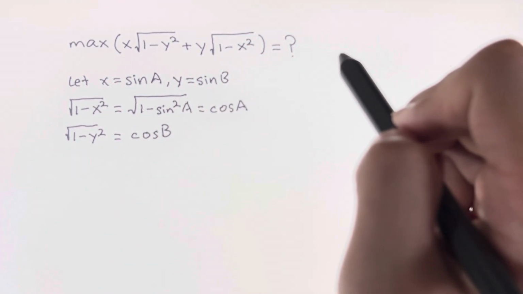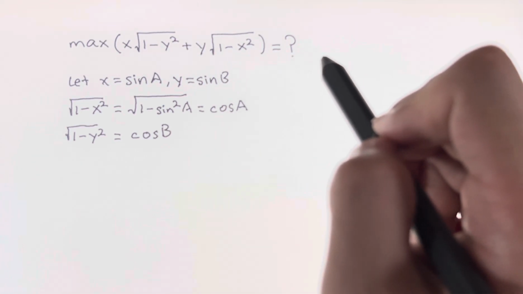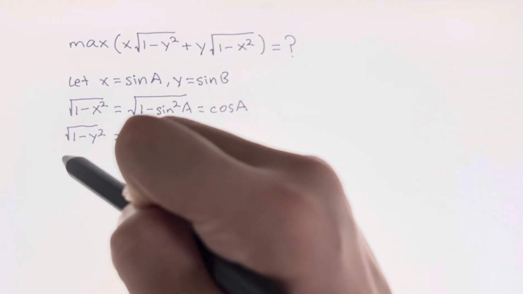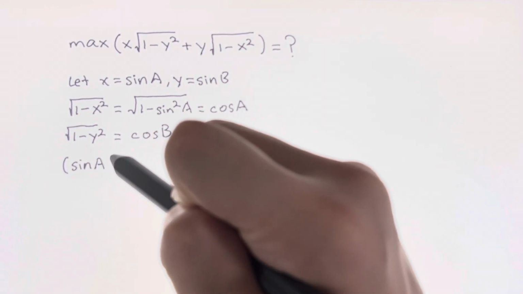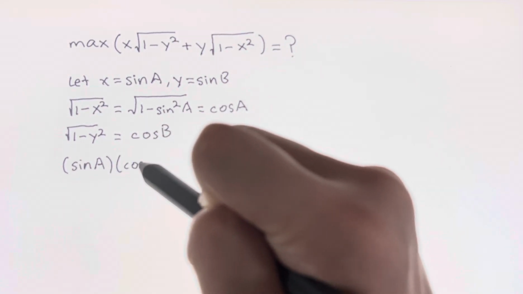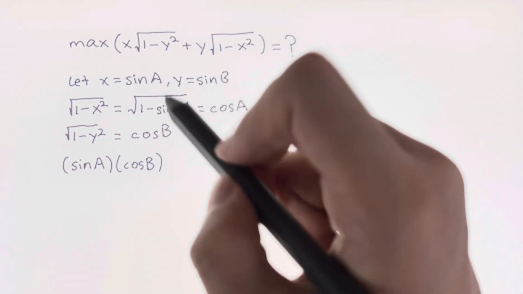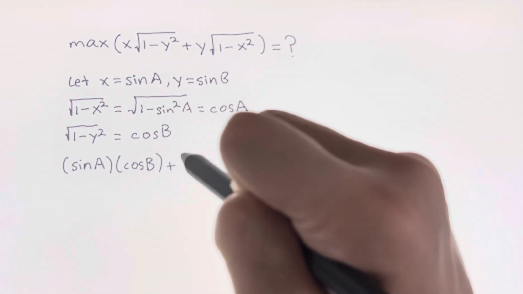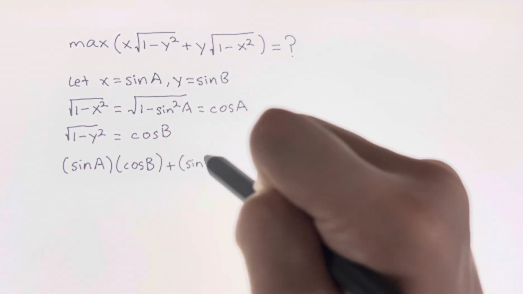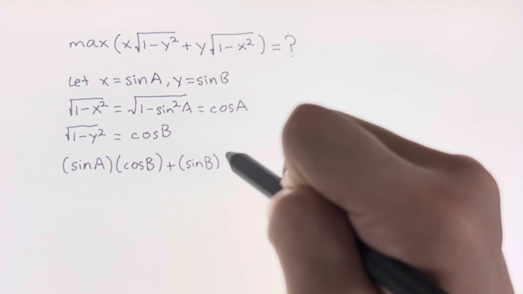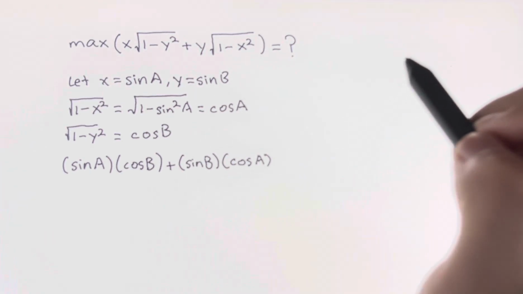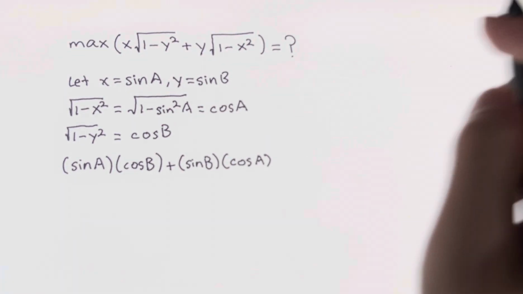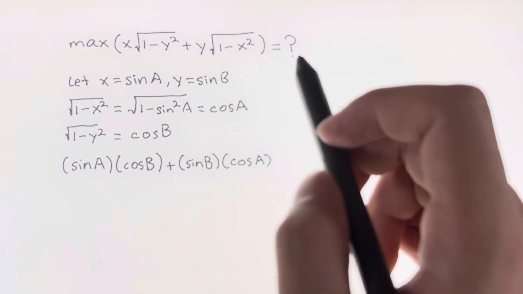And then, we can substitute these back into our original expression to get sine of A times cosine of B plus sine of B times cosine of A. This is the sine angle addition formula.